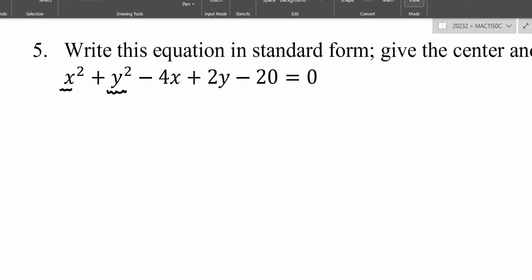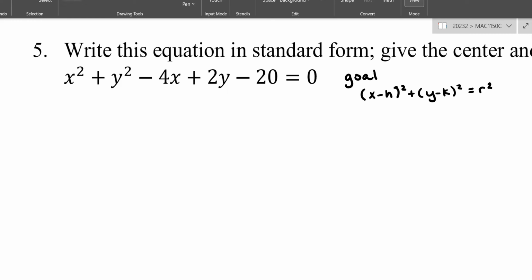Or the only equation you know that is a standard equation for some picture. So if we want to write this in standard form, our goal has to be (x minus h) squared plus (y minus k) squared equals r squared.